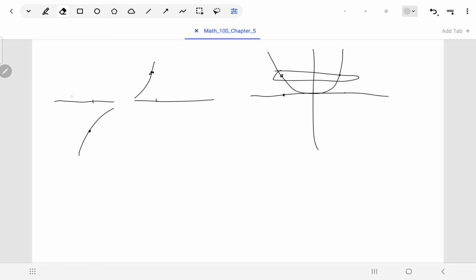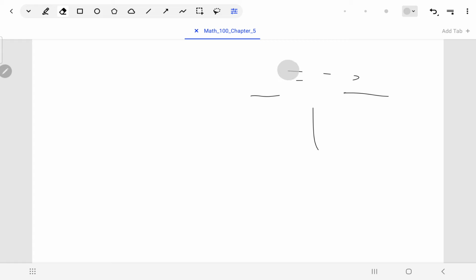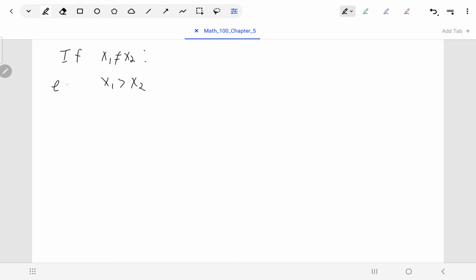So here, to show that our function is 1-to-1, I just need to show that if I pick two x values, I'll get two different y values. And that's not hard to do because we know our function now is increasing. So first off, if I have x1 and x2 that are not equal to each other, there's two options. Either x1 is bigger than x2, or x1 is less than x2.